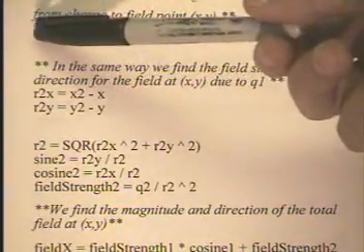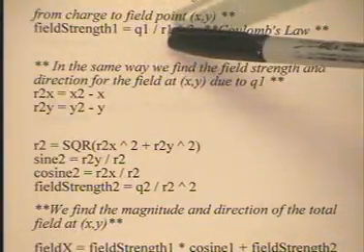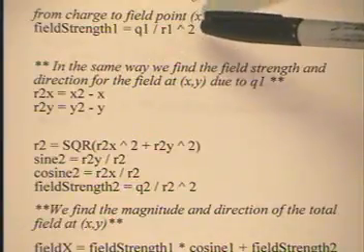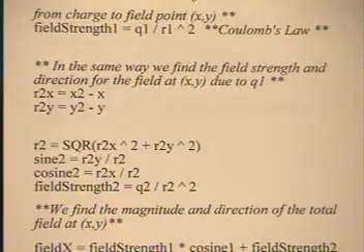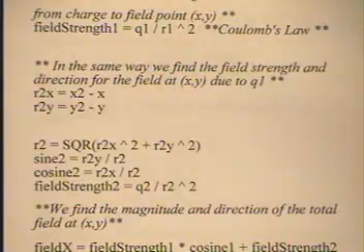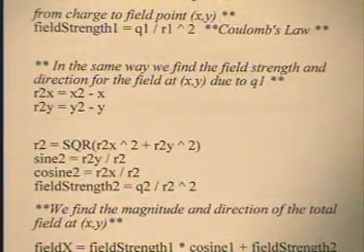Okay. So the field strength is going to be what? Just Q1 over R1 squared. R1 is the distance of the field point xy from the charge. R1 squared, of course, is the square of the distance. And you divide that into Q1, and that's the field strength. I didn't put a K in front of this. I'm essentially, for the purposes of the program, letting K equal 1 because the program is just interested in directions.